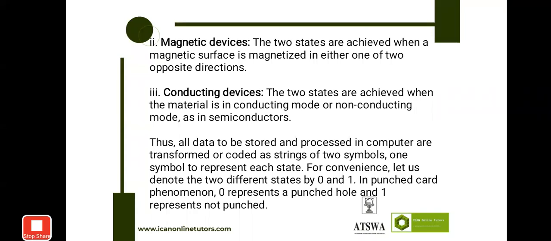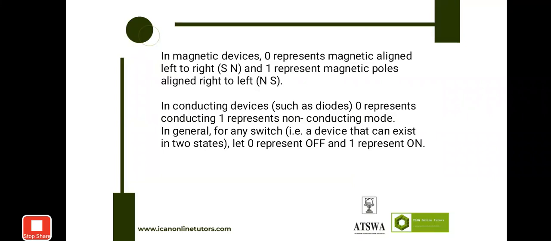In the punch card, 0 represents a punched hole and 1 represents the part that has not been punched.